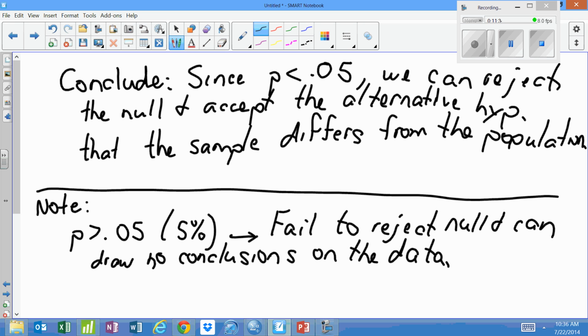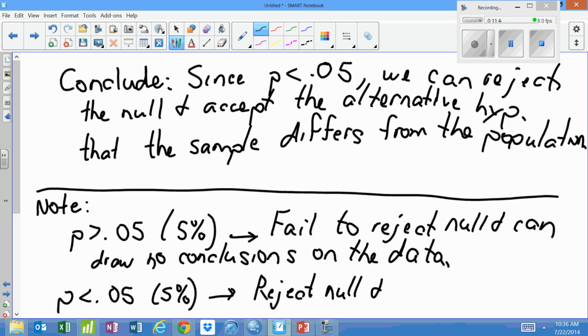If p is less than 0.05, which is our 5%, reject null and accept alternative.